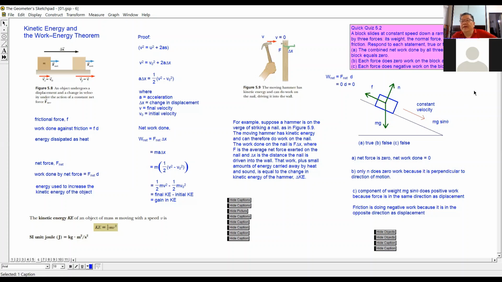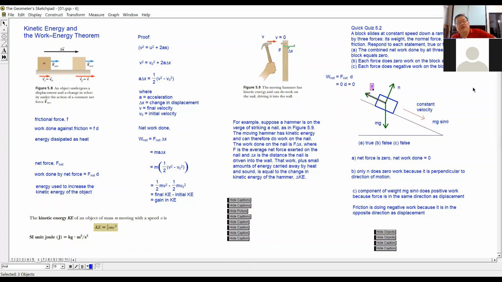The third part: each force does negative work on the block as it slides down. Each force means every one of them doing negative work. No, not everyone. The frictional force is doing negative work because it is pointing upward and the motion is downward.